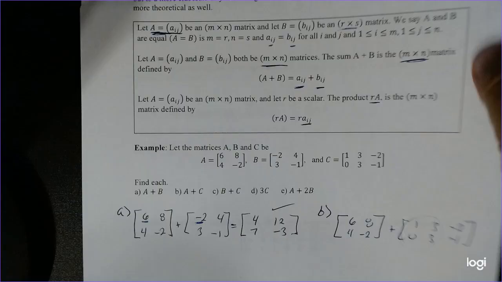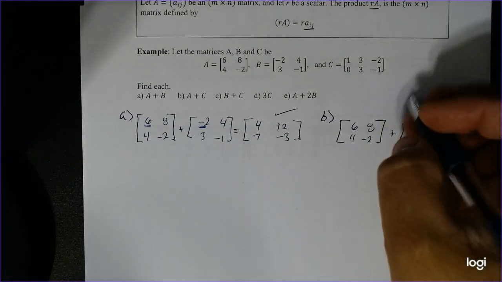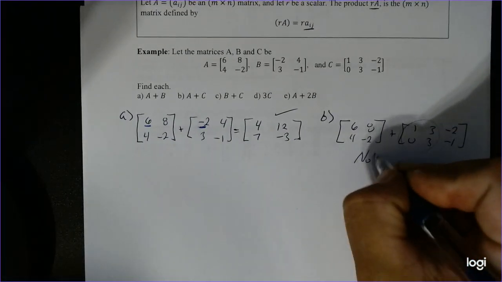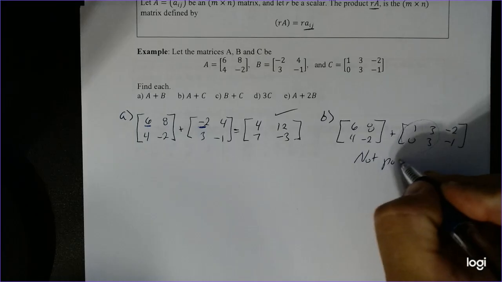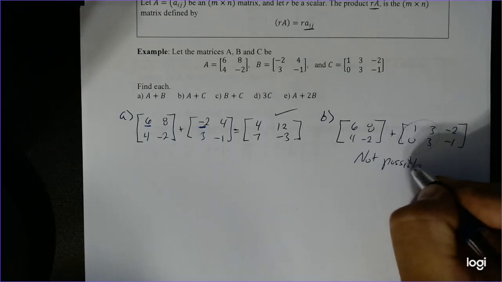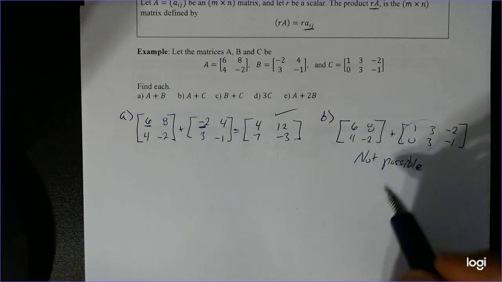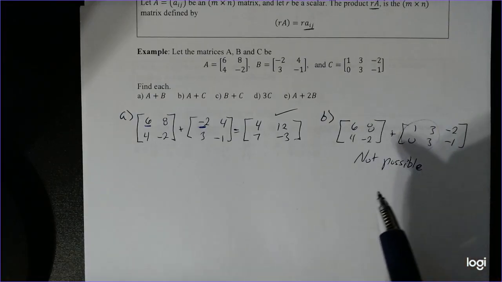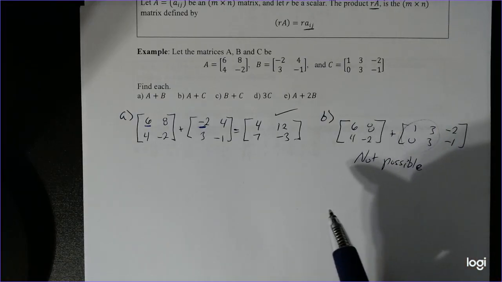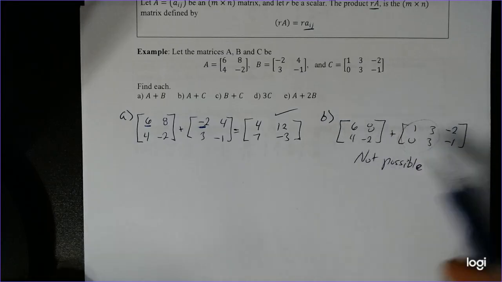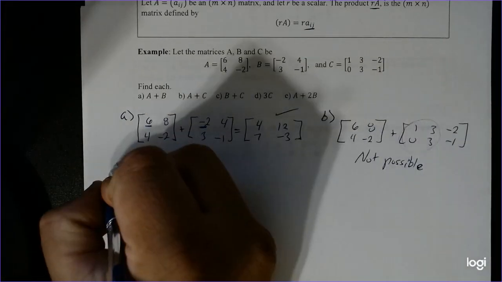If they don't, it's not possible, so you can't actually add them together, so I just put not possible. No solution, right? There's no such thing as no solution, just that it's not possible to actually add these together. So we can have an actual addition, or not possible because we can't do that.